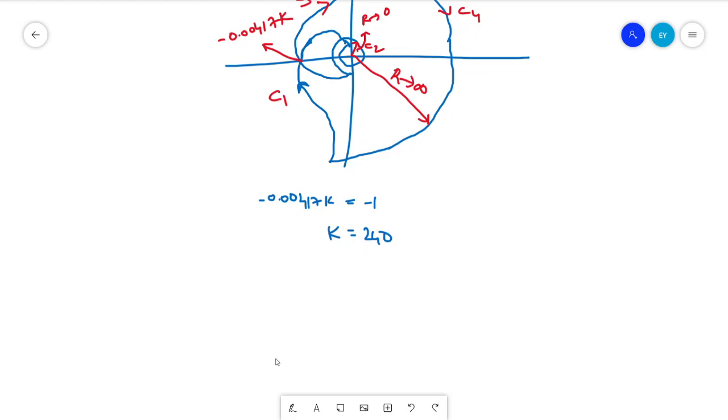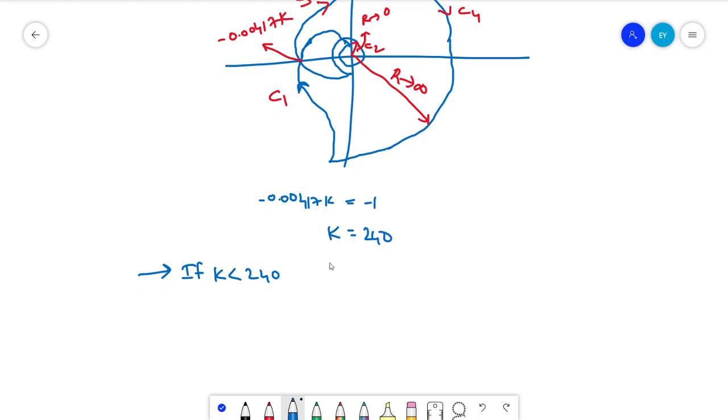So if you consider K will be 240, what happens if K is greater than or less than that? We'll see the conditions. Okay, if K is less than 240, just compute any value of K less than 240. If you substitute any value of K less than 240, the point will be selected somewhere in between the origin and this point, right?